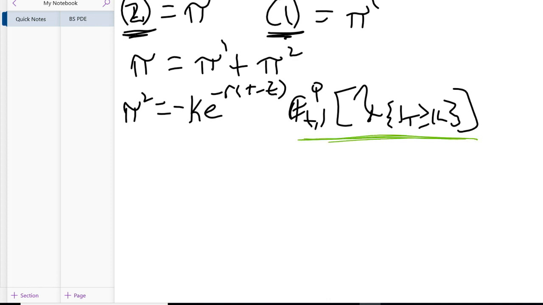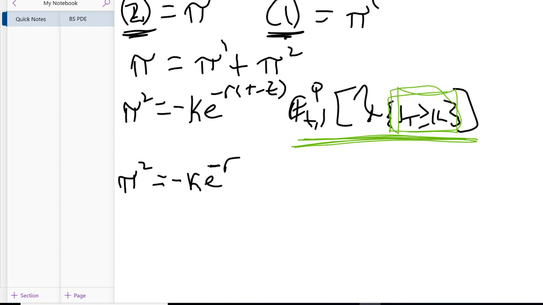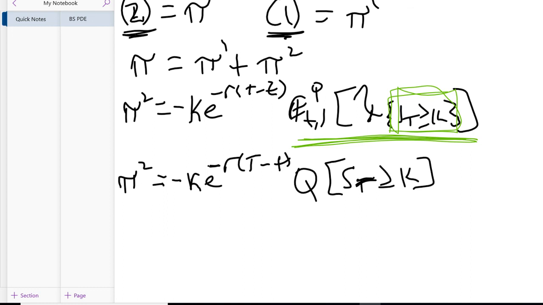We simply have the expectation of this indicator function. Well, that's just the probability of this event happening, in particular the q probability. So really what we can do is rewrite this as pi 2 equals negative k e to the negative r big T minus little t times the q probability that S, the terminal stock price, is greater than the strike price.